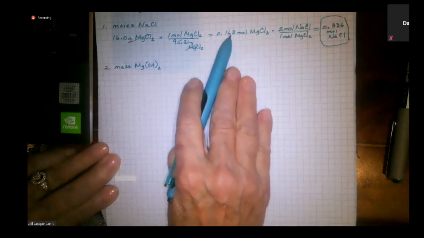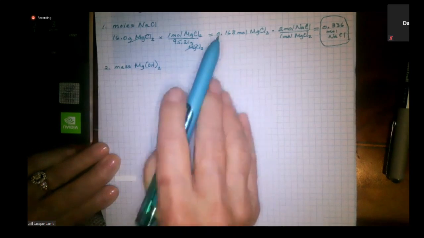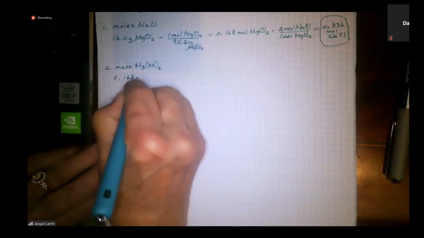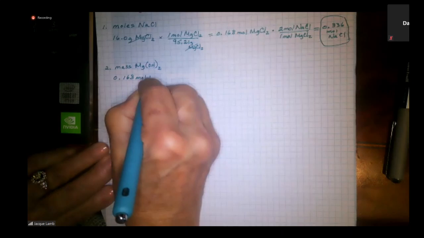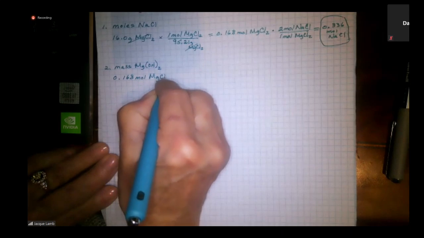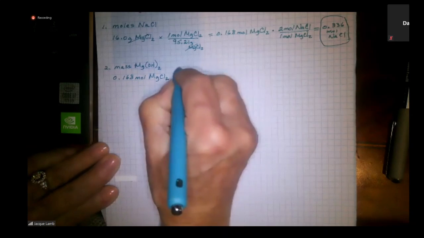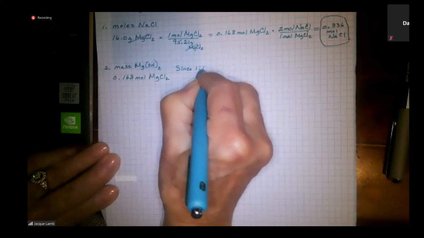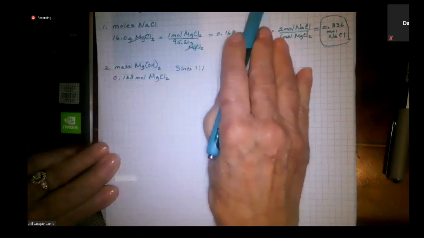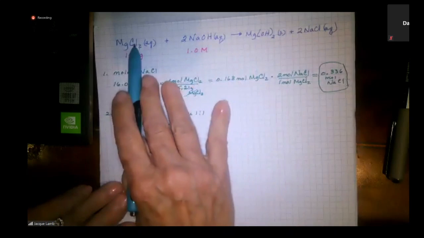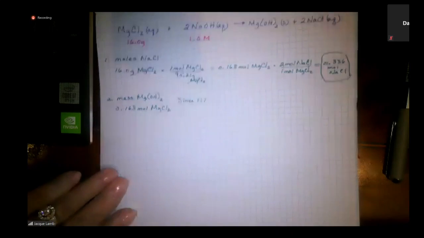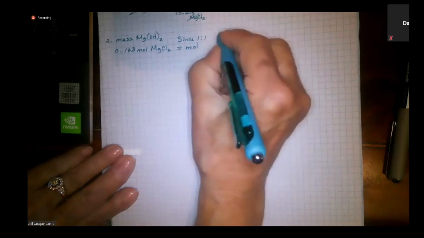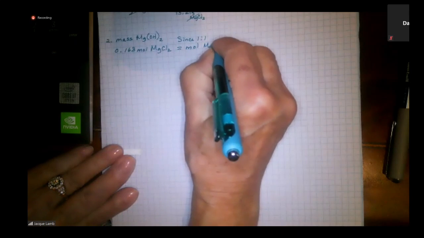I can start from the moles of magnesium chloride, 0.168 moles of MgCl2. And since they are 1-to-1 in this equation, go scroll up, they are 1-to-1 in this equation, that equals the moles of magnesium hydroxide.